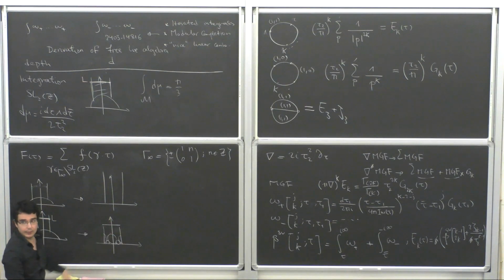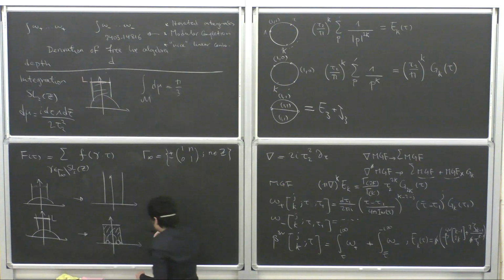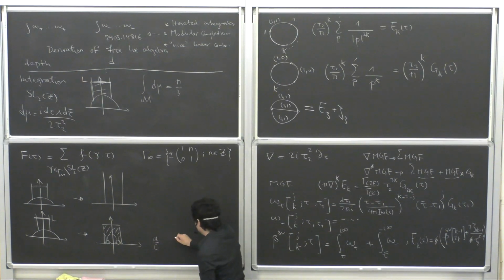So I have to integrate over this region. And these circles appear tangent to rational numbers A over C, and the radius is this.